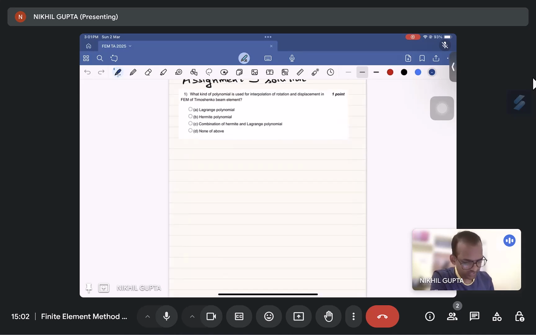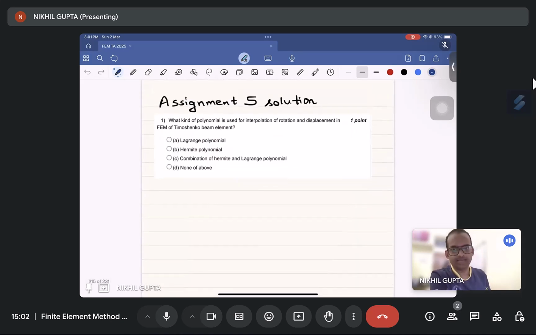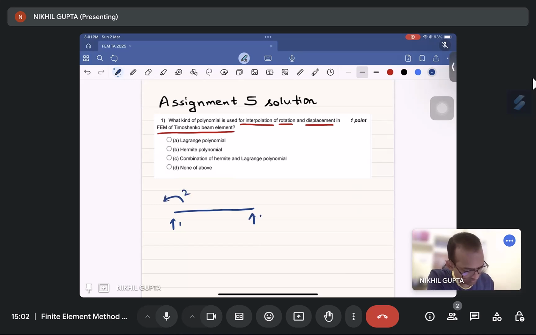This was the first question of the assignment: what kind of polynomial is used for interpolation of rotation and displacement in FEM of the Timoshenko beam element? You all know, when you have a beam element, you give this as 1, this as 2, this as 3, this as 4.